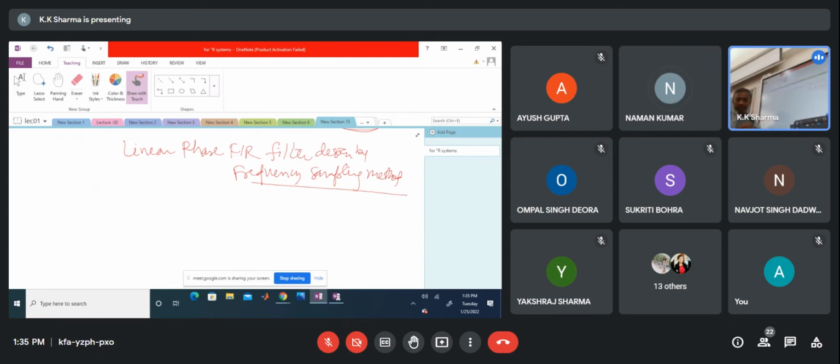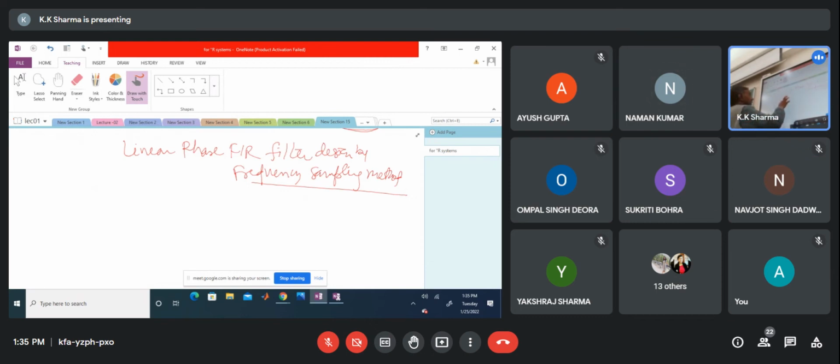As the name indicates, here we are only giving the samples of the given frequency response. I am not giving the complete frequency response of the filter, just the samples of it.